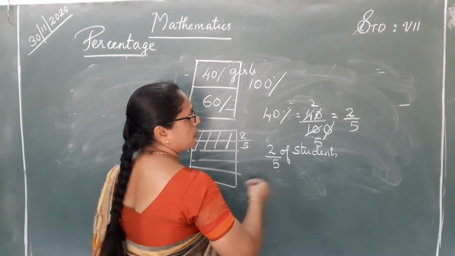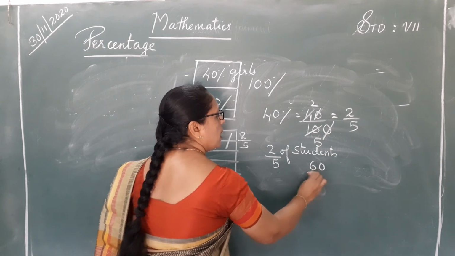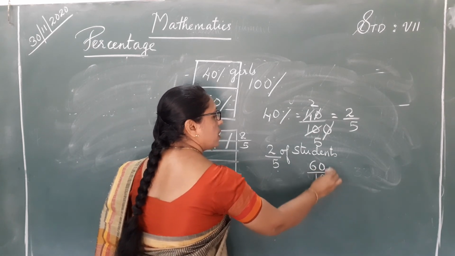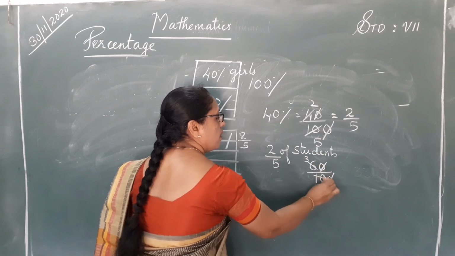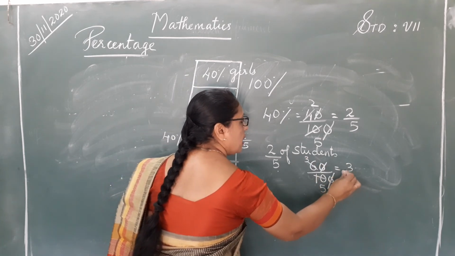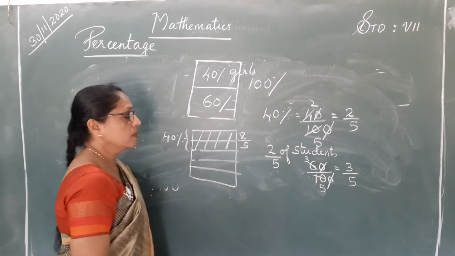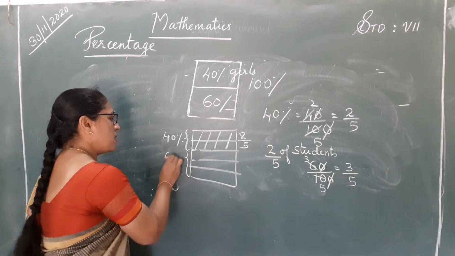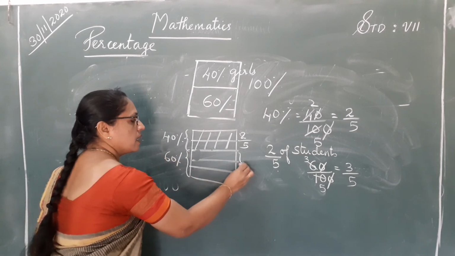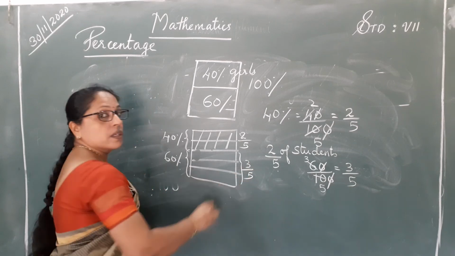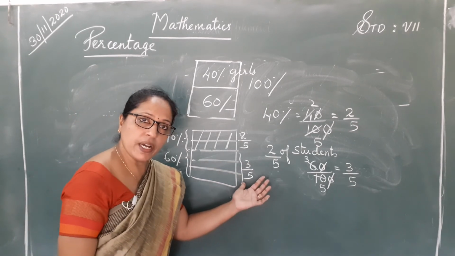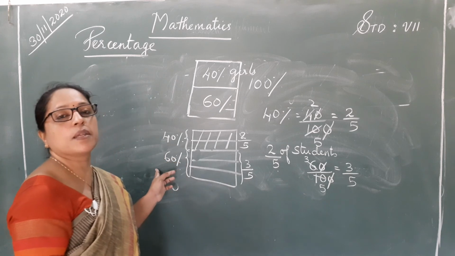How do you change 60%? 60 by 100. When you cancel it, 2 stays, 3, 5. So we get 3 by 5. So this is 60%, which is 3 by 5. When you say 3 by 5, it is nothing but 60%.